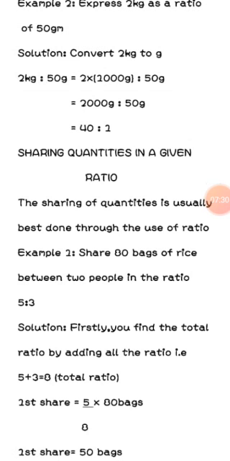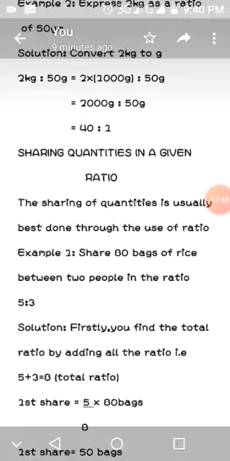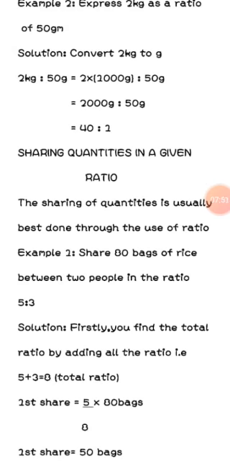According to the question, you can see 2 kilogram before your gram, meaning your 2 kilogram must come first before your 50 gram. That is how ratio works. It came first in the question. That is how I got 2000 gram to 50 gram. Now I divided by 50.